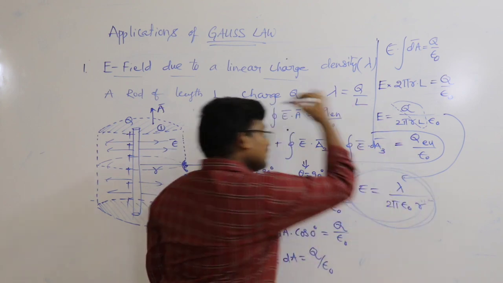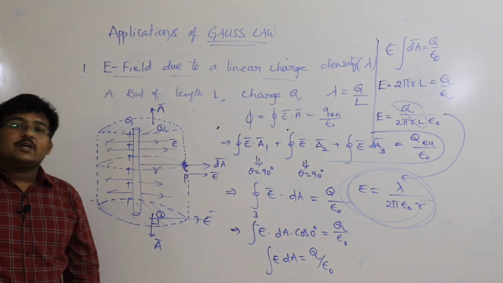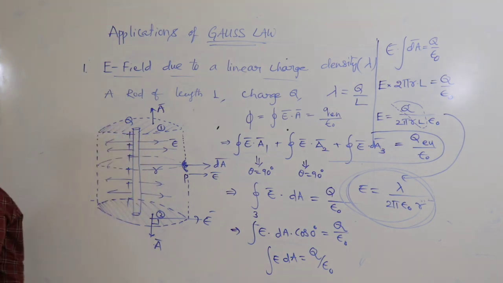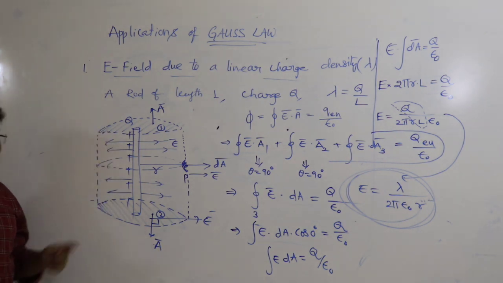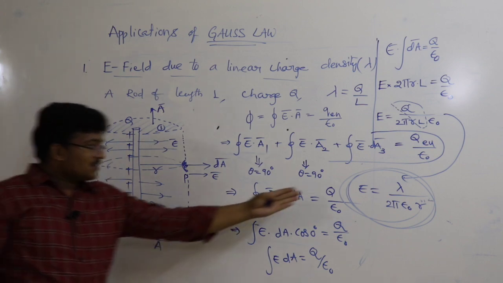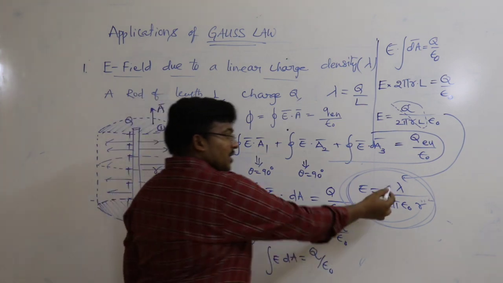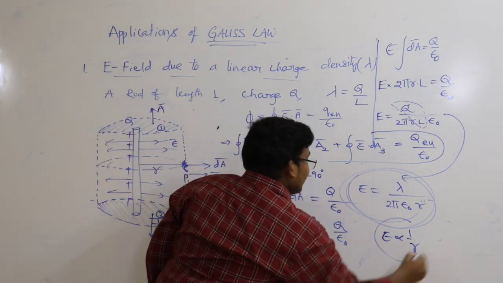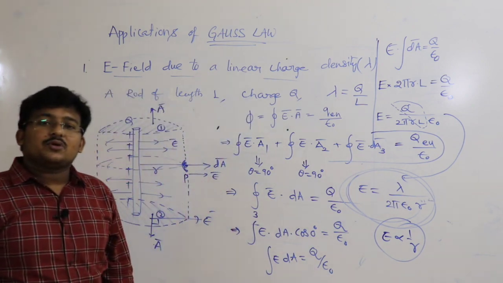This is the formula for electric field intensity due to a linear charge density, or a rod of length L and charge Q. Earlier we used the integration method and got the same formula, where lambda is constant, everything is constant except distance. So electric field is inversely proportional to distance.